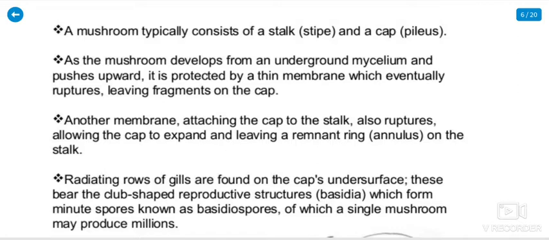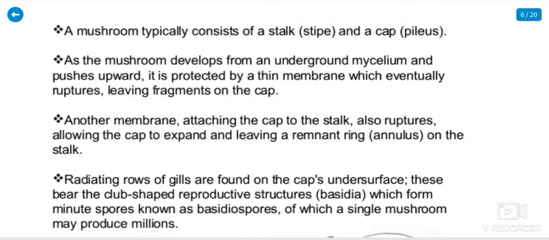As the mushroom develops from the underground mycelium and pushes upward, it is protected by a thin membrane which eventually ruptures, leaving fragments on the cap.